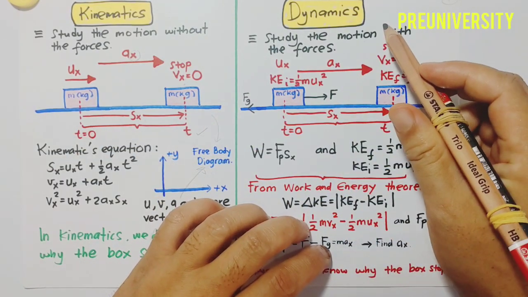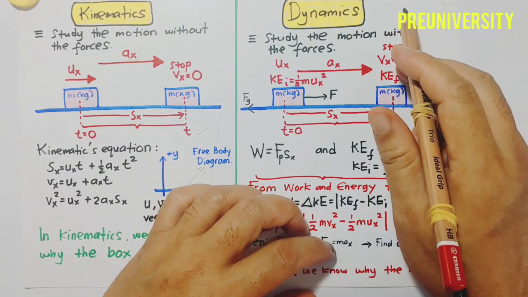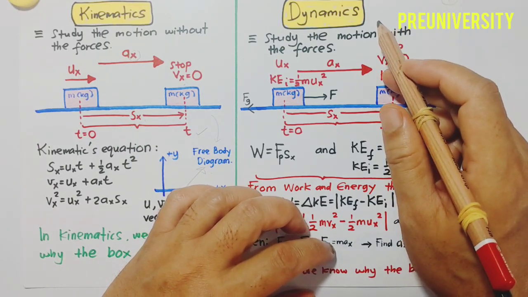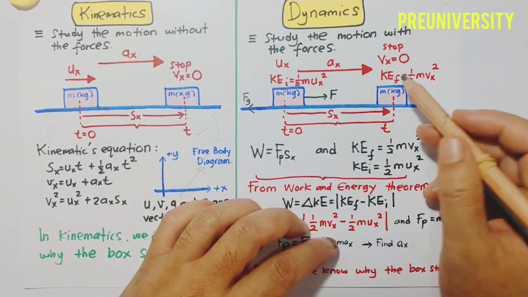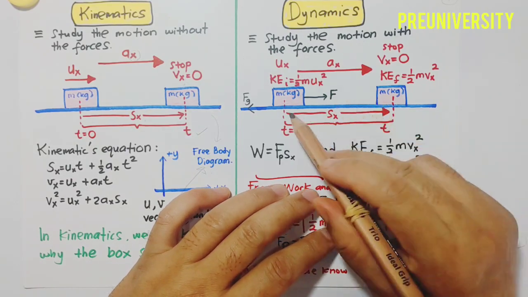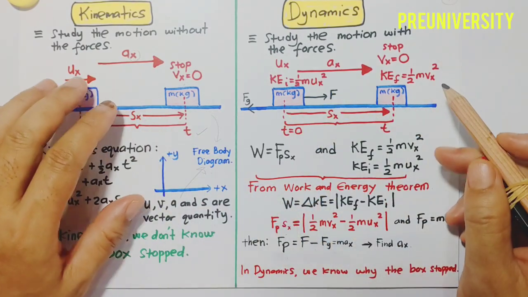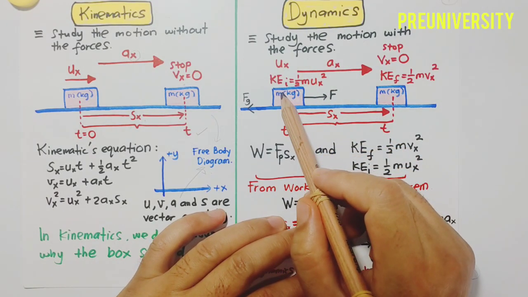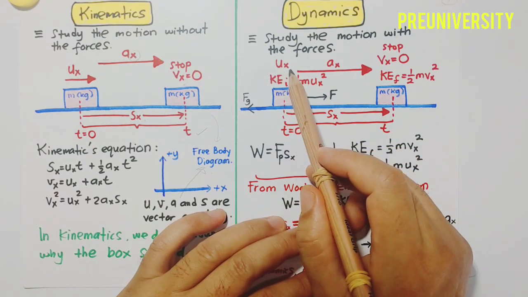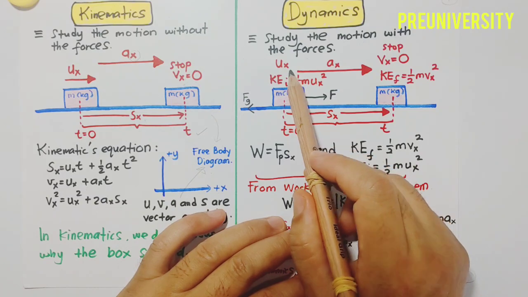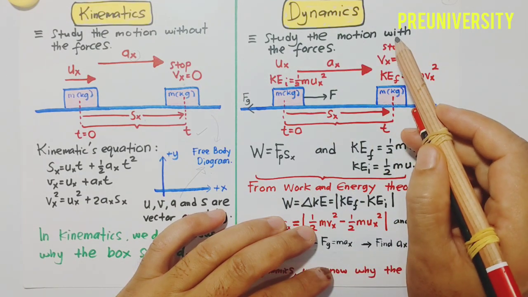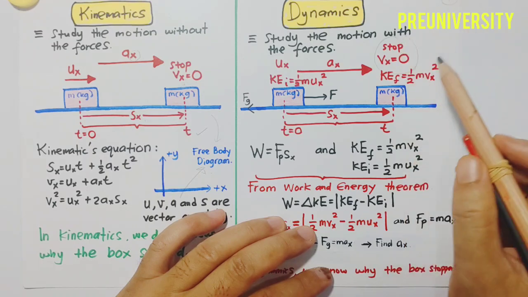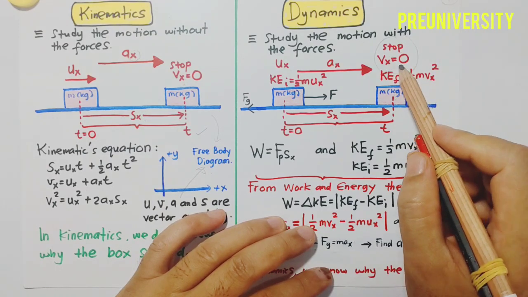In dynamics, we have to consider the forces acting on the block or the object. Okay, so the object starts from the initial velocity ux, and then the final velocity. In this case, the object is stopped, so vx is equal to 0.